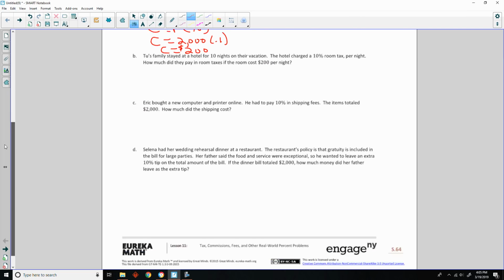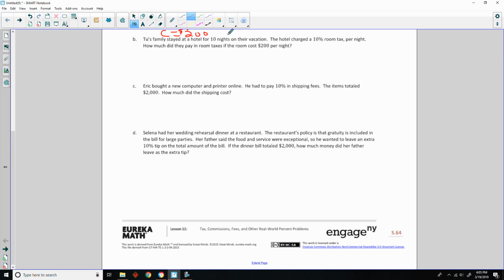Okay. B. Tu's family stayed at a hotel for 10 nights on their vacation. The hotel charges a 10% room tax per night. How much did they pay in room tax if the room cost $200 per night? Okay, so the first thing I want to do is take that $200 per night and multiply it by the room tax, 10% room tax per night.